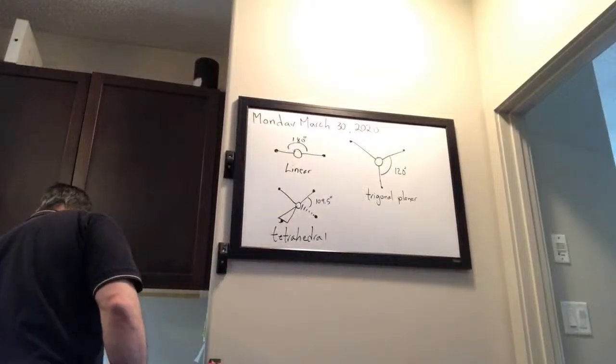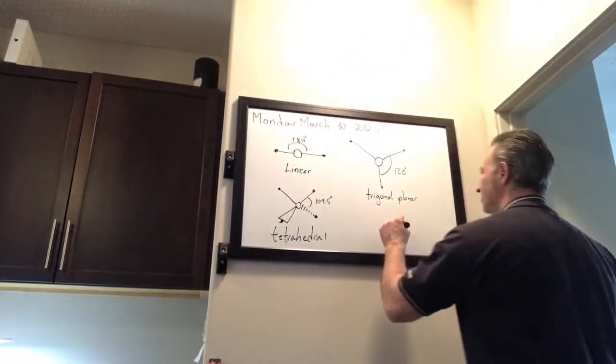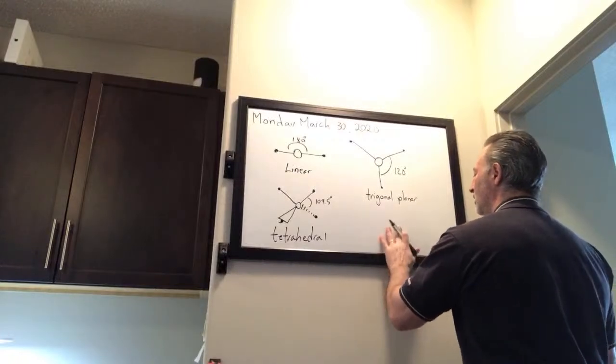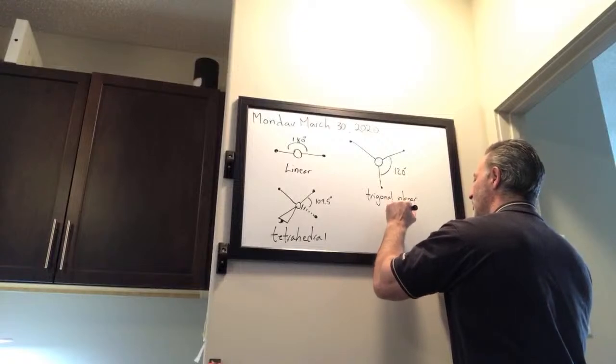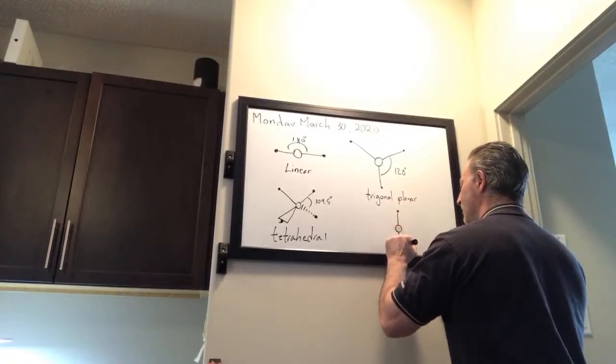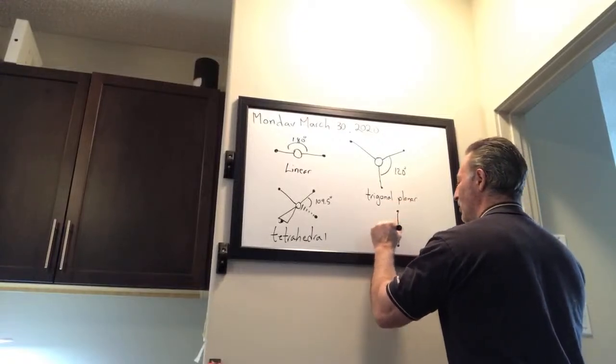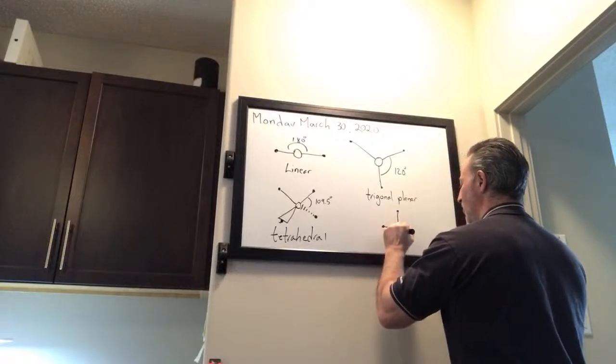Then, if you have 5 things stuck on the central atom, you'll have one going up, one going down, one going sideways, one coming out at you, and one going behind.